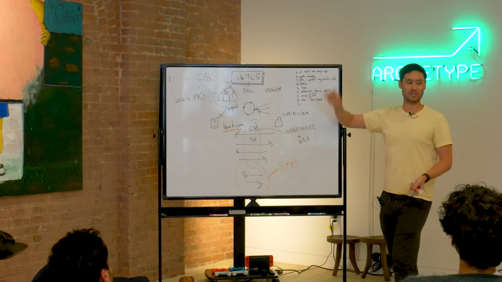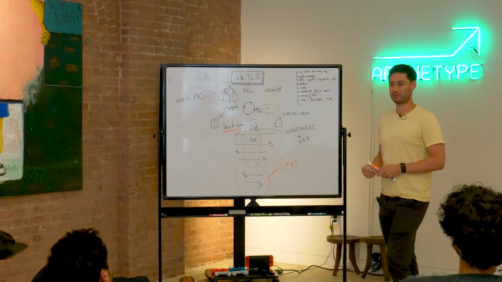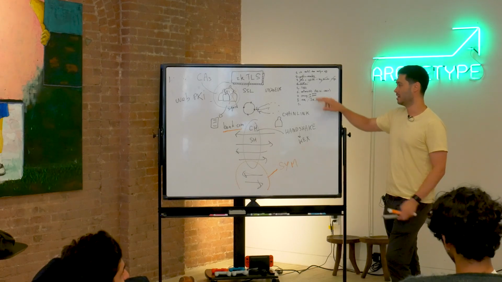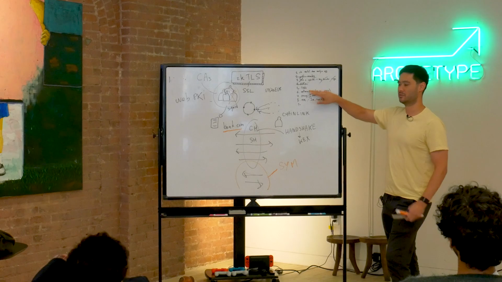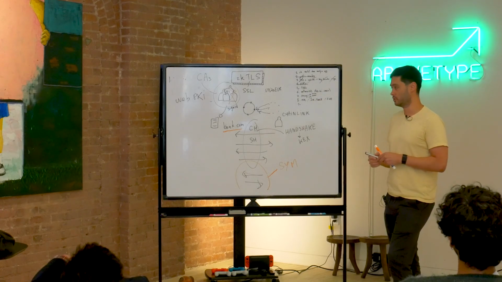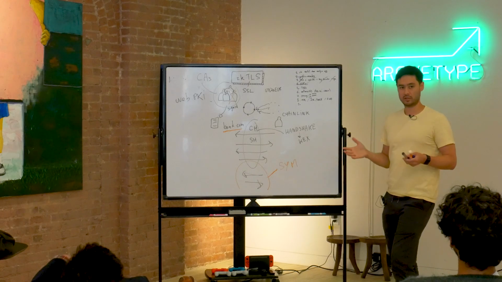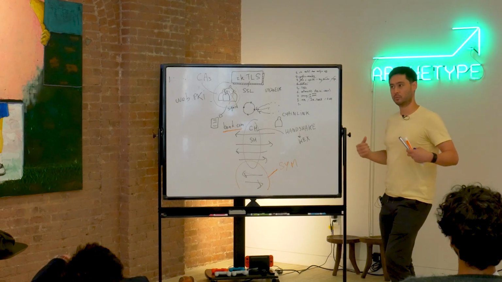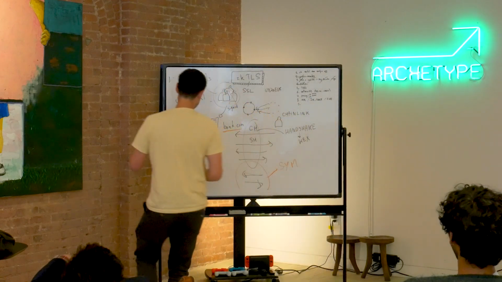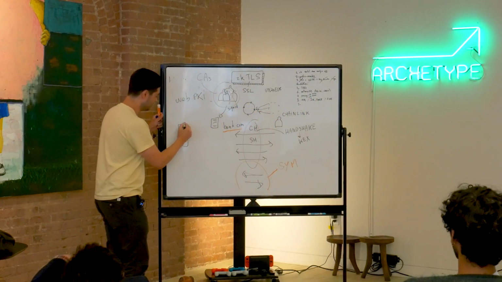You can think of SGX or these chips that are in your CPU or in some server CPUs, and you can have them run some code, and you know that they'll run the code faithfully, without you being able to see what they're doing.